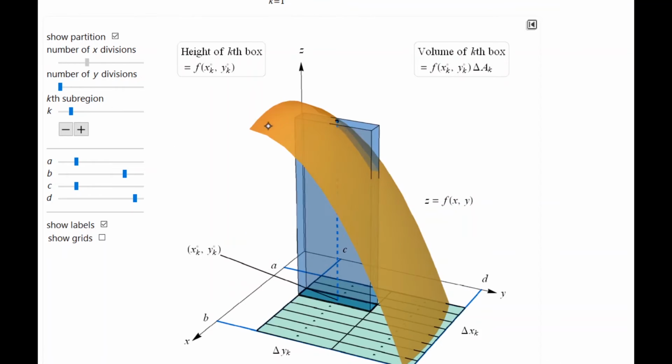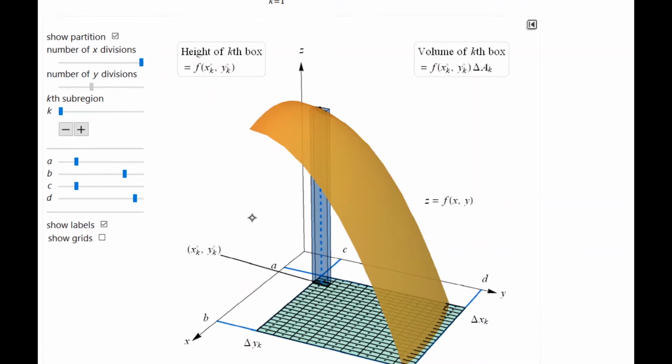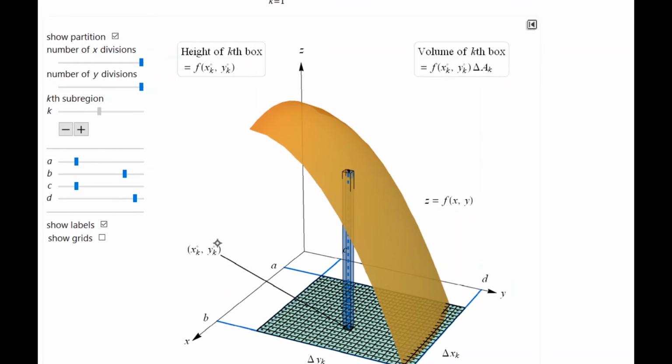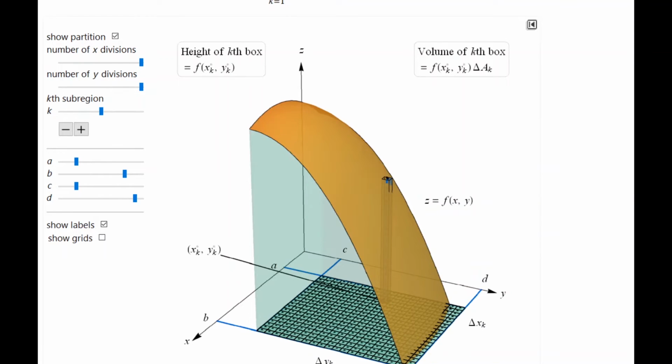So what we could do is then increase the number of divisions. Okay, so if we increase the number of divisions, then summing up all the volume of the rectangular prisms will give a better and better approximation of the volume under the graph.